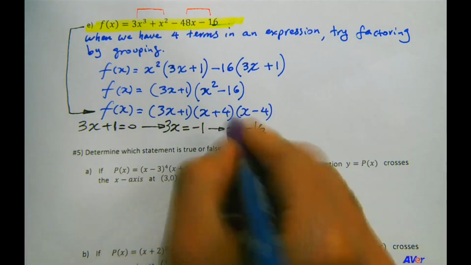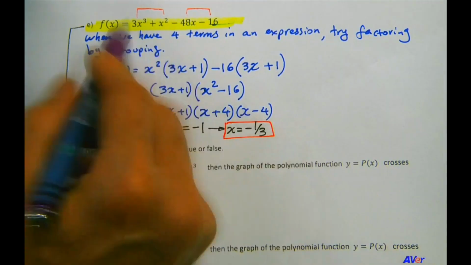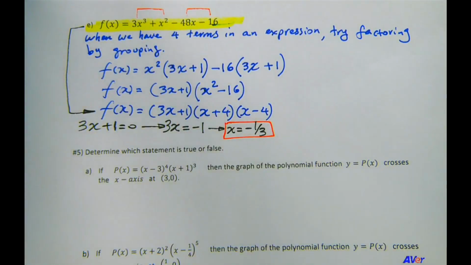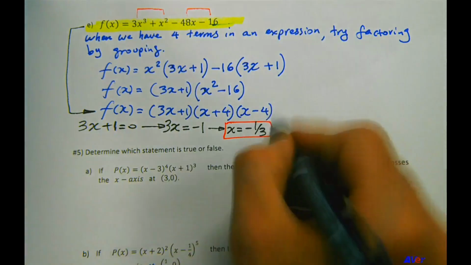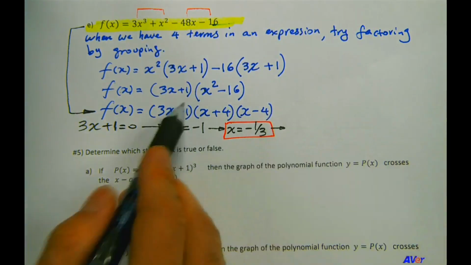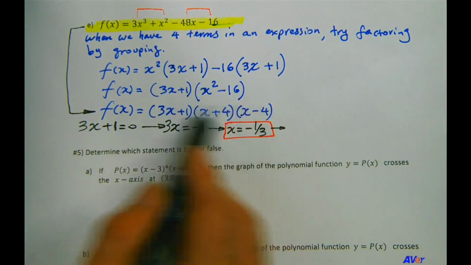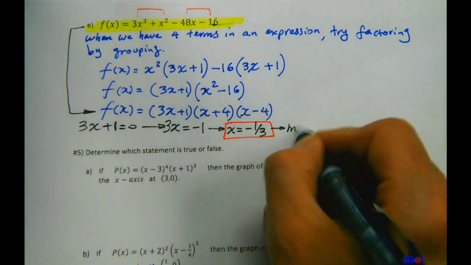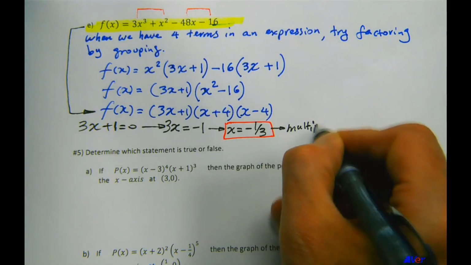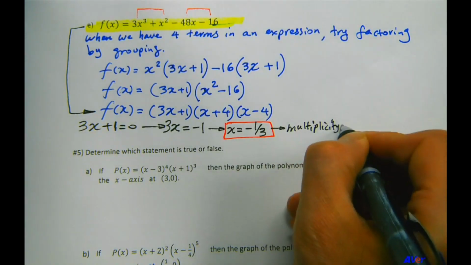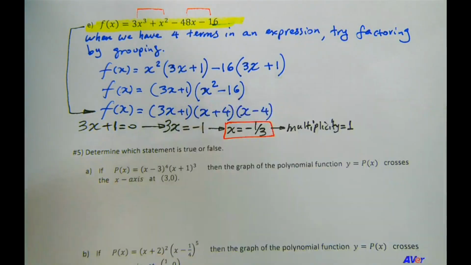So that's the zero of the polynomial there, which I've highlighted. That's one of the zeros. What is the multiplicity of this? Multiplicity is 1. In fact, all these factors have multiplicity 1, right? So multiplicity is equal to 1.